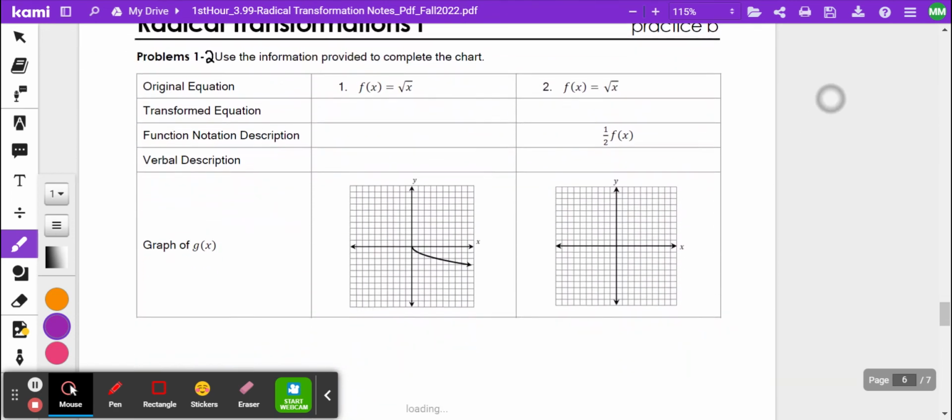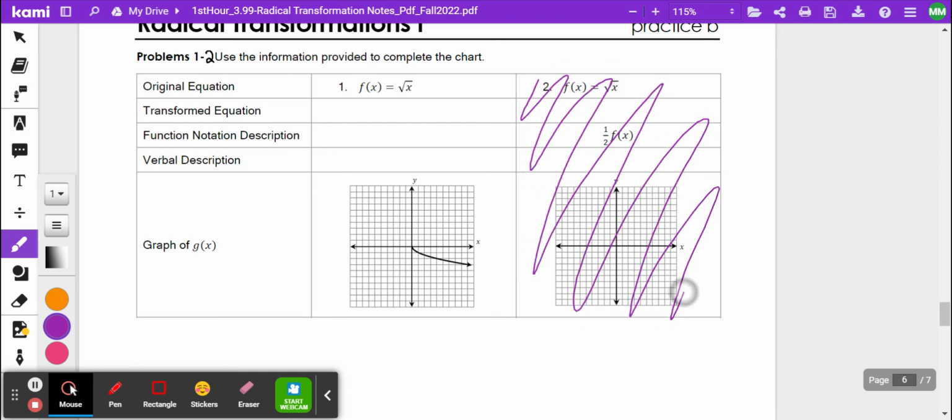Also, on page 7, you can cross off number 2. And you also do not have to do the function notation description for that part.